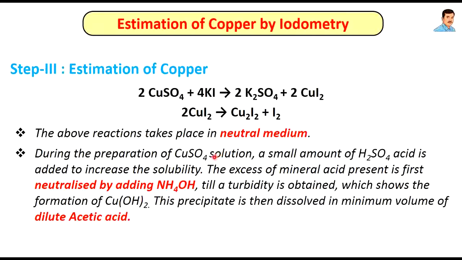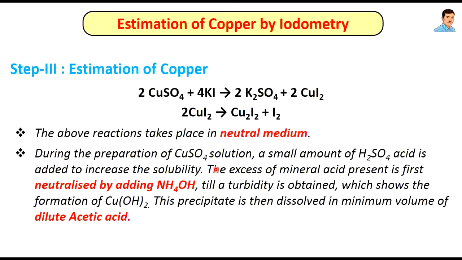But during the preparation of copper sulfate solution, we will be using a small amount of sulfuric acid to increase the solubility of copper sulfate in the distilled water. So some slight excess of the acid may be present in the prepared copper sulfate solution. So it may not be perfectly neutral.